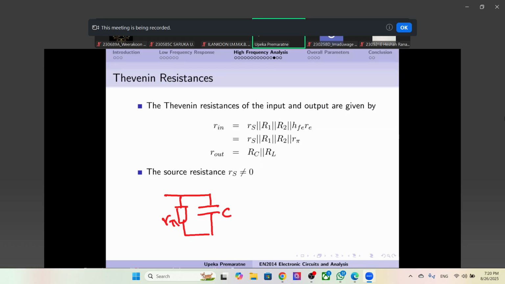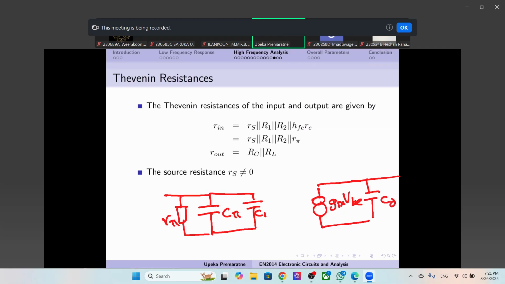Here we have C pi plus the input Miller capacitance, which is very small, right? And here we have gm VBE times the output Miller capacitance, which is approximately 10 picofarads. This is very small, so when taken in parallel, this will be approximately equal to 20 picofarads.